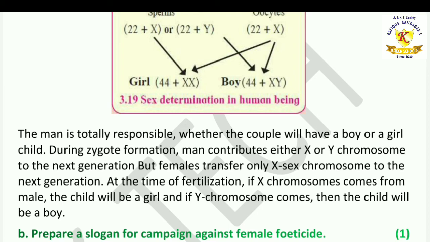At the time of fertilization, if X chromosome comes from male, the child will be a girl, and if Y chromosome comes, then the child will be a boy. Understood, children? Okay.